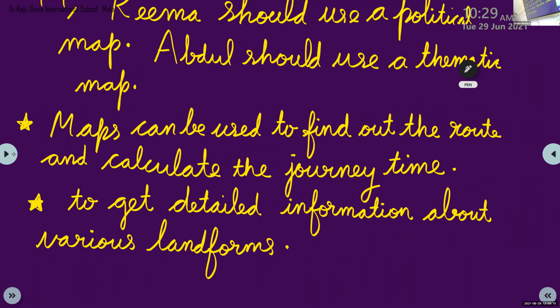Second point, to get detailed information about various landforms. Everybody, please copy down the notes from the class itself, because when I'm sending through WhatsApp, it will be in sentences, so detailed. But when I'm giving the notes in class time, I give just the points. Just note down the points.